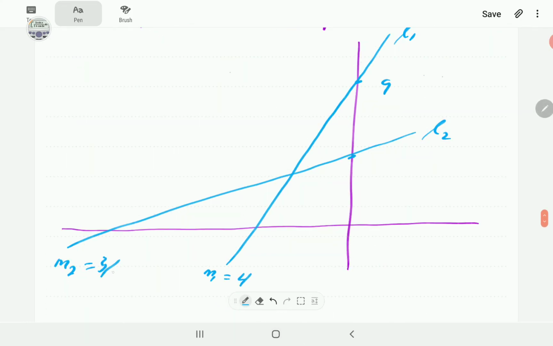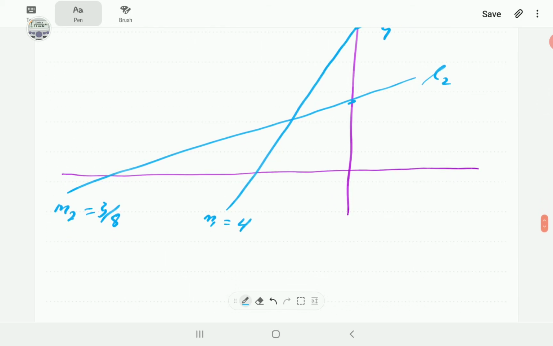So 3/8 there. Now the angle of intersection is this one. Remember, this angle is going to be the same as that angle. There's going to be another angle here, so we can either find this angle or this angle. I'm going to go for this one.